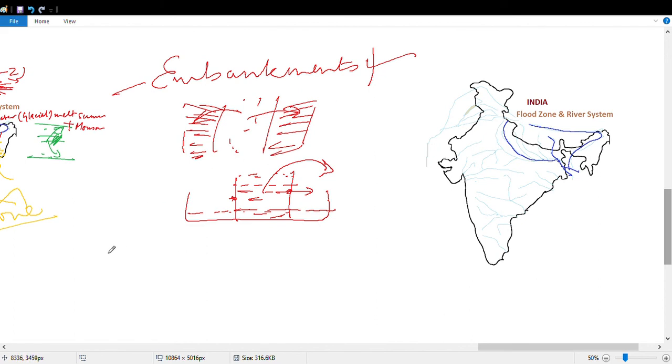Then there is river zoning, where zonation of the river is done, in which the nearby regions are raised in successive manner, and this is the main route of the river.